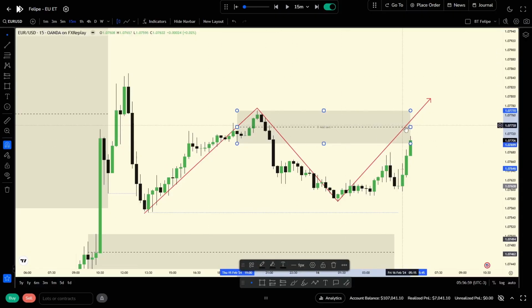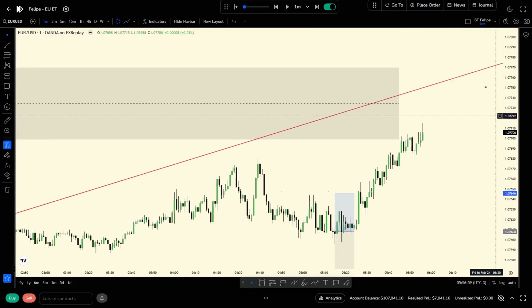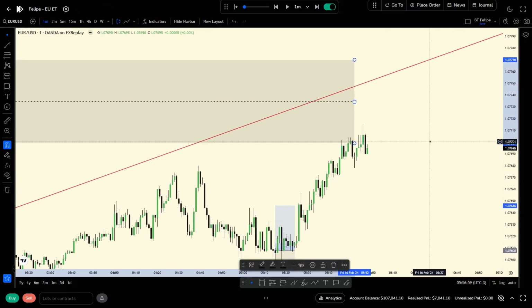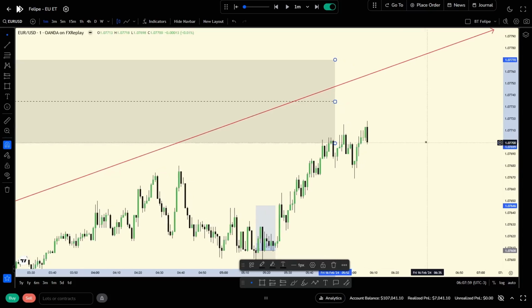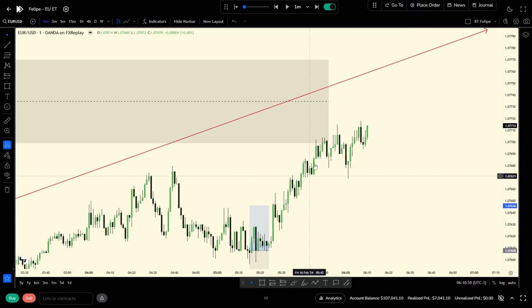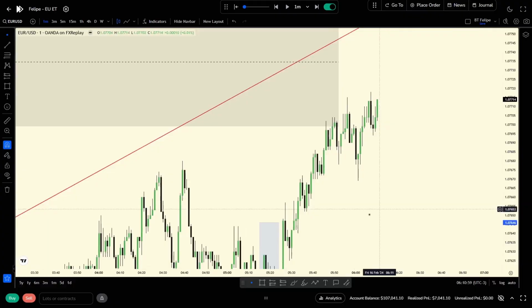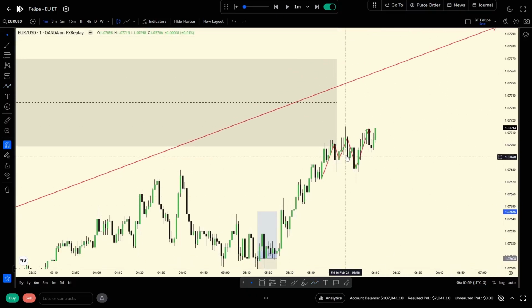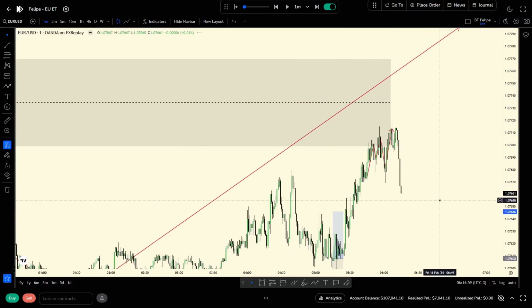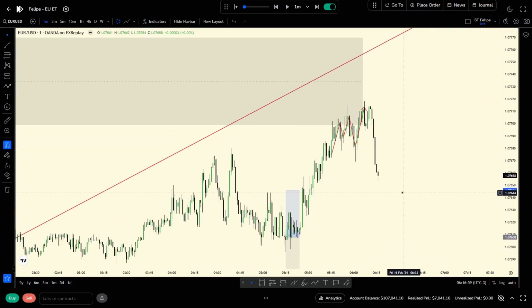This is a supply area. Price gave this. Made the buy setup right before tapping here. It's kind of risky. Yeah, just failed.